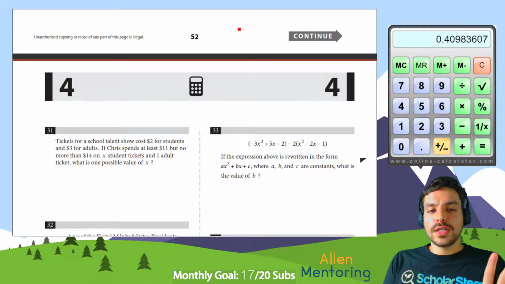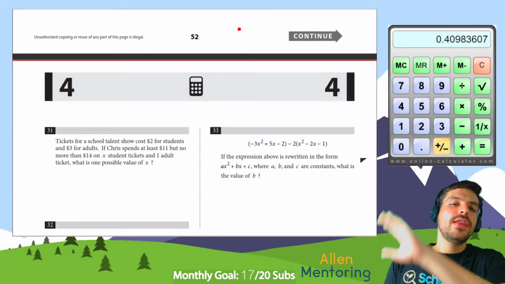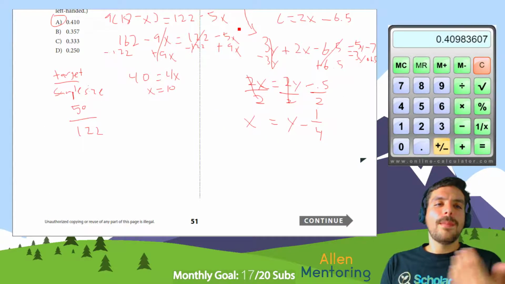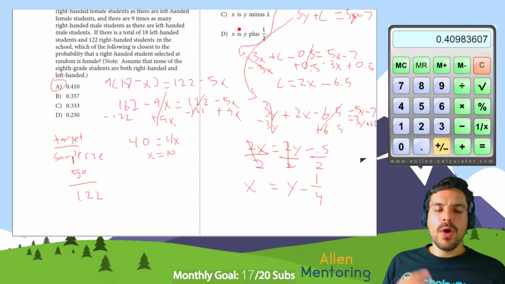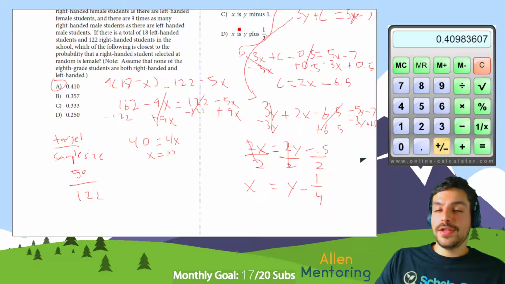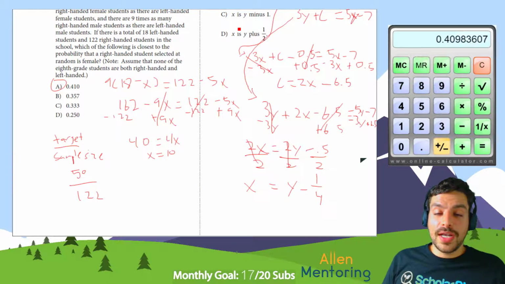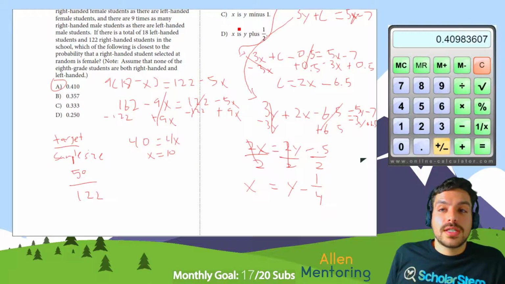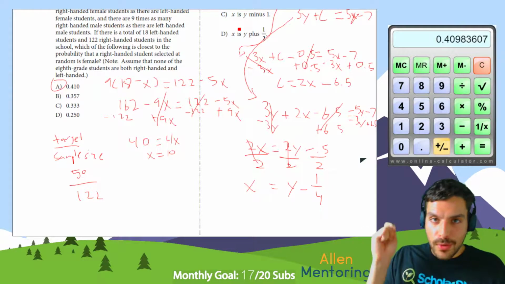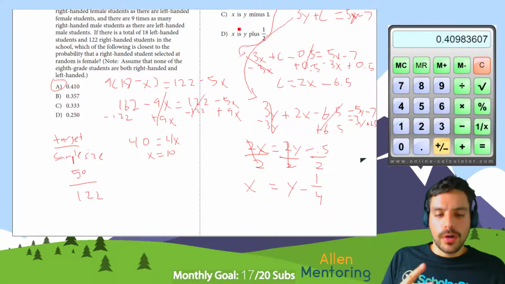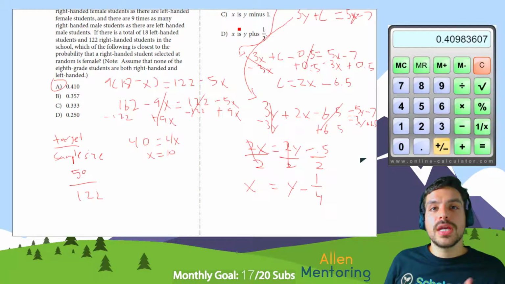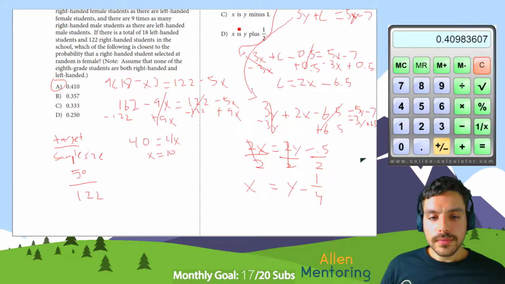Do these first, because these are going to get easy again, and then once you have time at the end, come back to the hard ones. You don't want to waste time doing the hard questions when you can do the easy ones in just as quick or at quicker of a time. They're all worth the same number of points. So might as well do the easy ones, do them correctly, and then come back to the harder ones. All right, so that is my pro tip for the SATs.